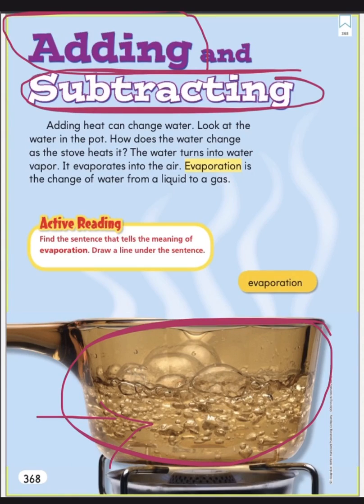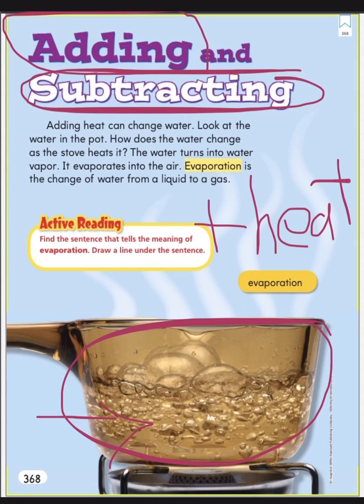So, do you see our two terms? So here we will add heat. When we add heat to the liquid water, it will change. Like your mommy, when she is cooking, she puts her pot on the stove or in the oven and she adds liquid water to it, and then when she adds the heat, something will come out of the pot.